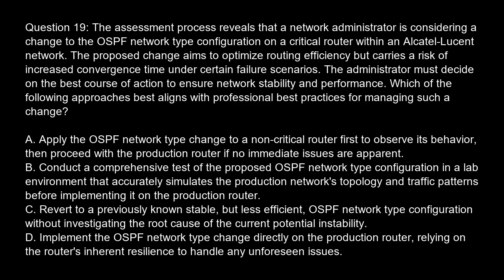Option C. Revert to a previously known stable, but less efficient, OSPF network type configuration without investigating the root cause of the current potential instability. Option D. Implement the OSPF network type change directly on the production router, relying on the router's inherent resilience to handle any unforeseen issues.